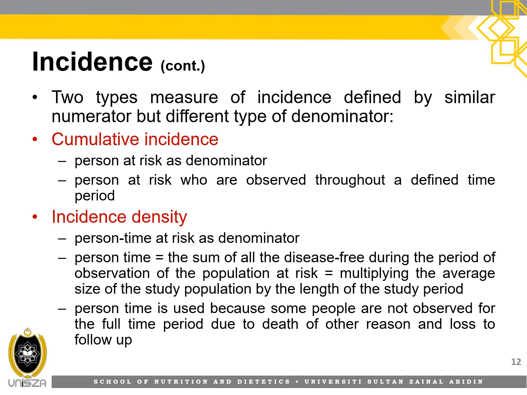Person-time is equal to the sum of all the disease-free time during the period of observation of the population at risk. We can get this by multiplying the average size of the study population by the length of the study period. Person-time is used because some people are not observed for the full time period due to death or other reasons, and lost to follow-up.